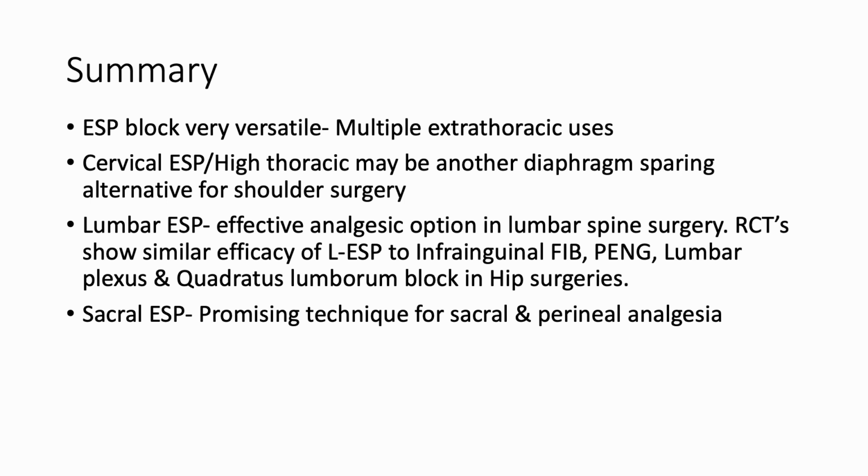Multiple RCTs show similar efficacy of lumbar erector spinae block to infrainguinal block, PENG block, lumbar plexus block, or quadratus lumborum block in hip surgeries. The sacral ESP block is a promising technique for sacral and perineal analgesia.